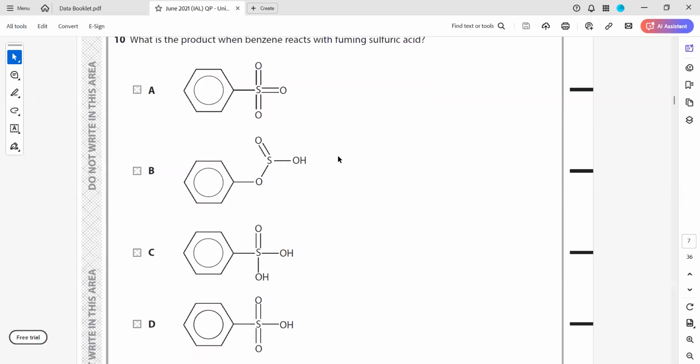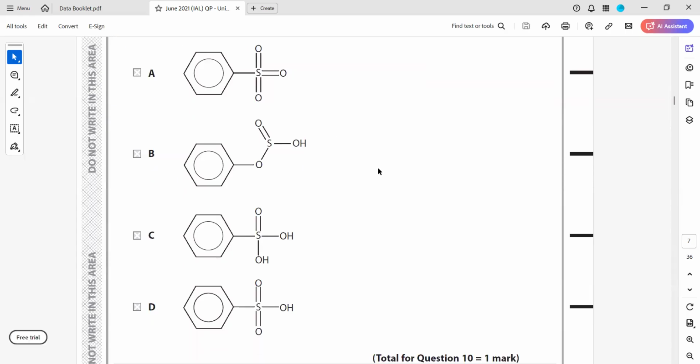But it's not OH. Sulfur is bonded with benzene, not oxygen. I did not check that one. So it should be D, because sulfur is directly bonded with benzene, right? This sulfur is adjacent to the benzene. That's why D is the right answer.